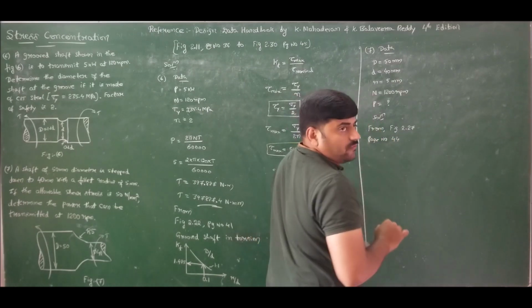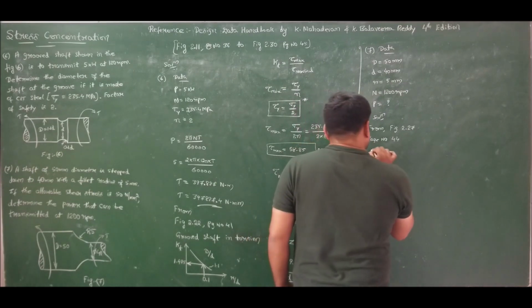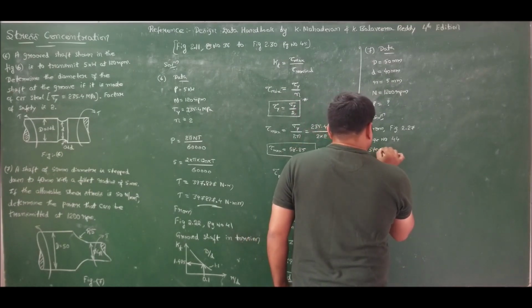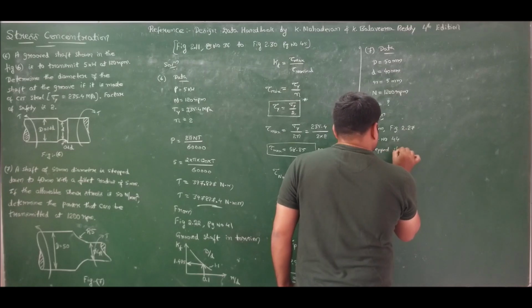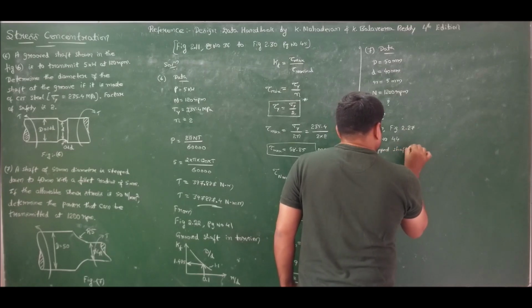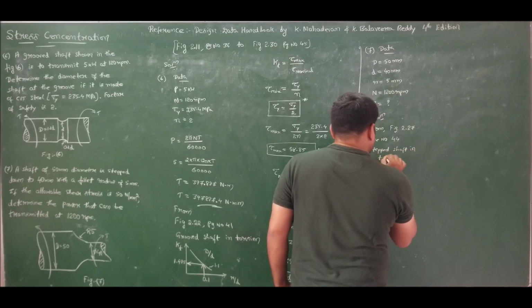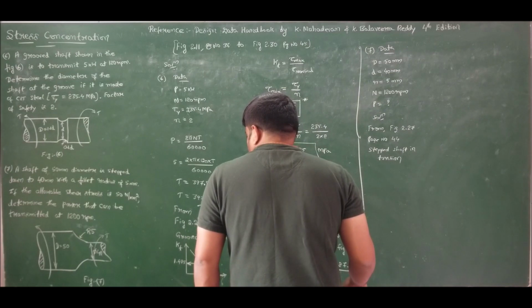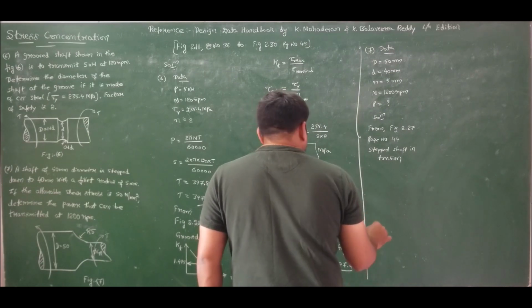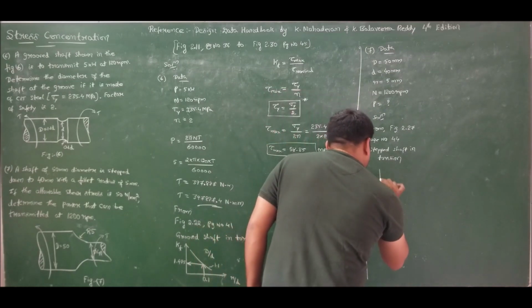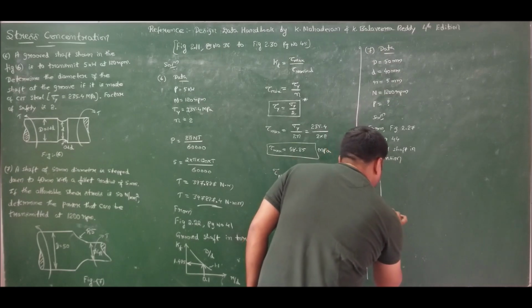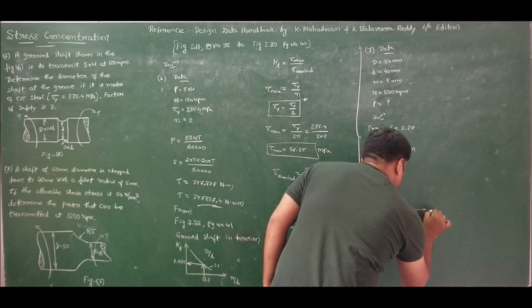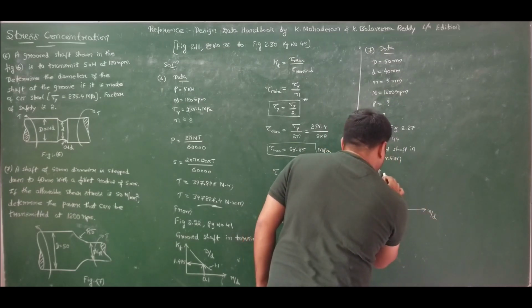Figure 2.27 is stepped shaft in torsion. Now if I look at that graph, we have R by d and D by d curves.